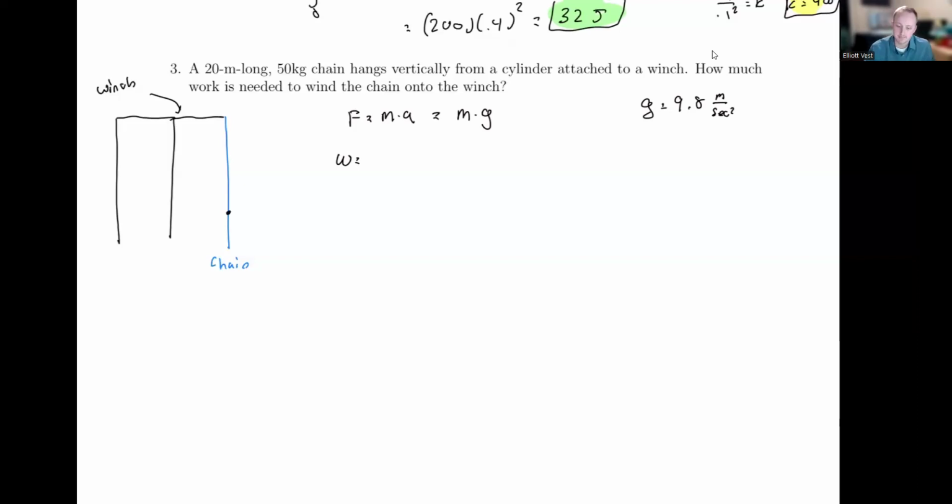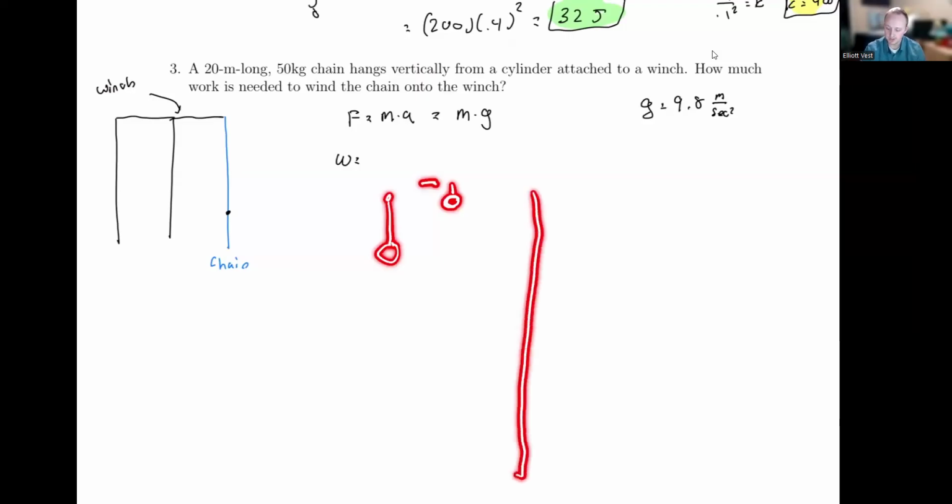And we can think about it. Imagine if instead of it being a chain, it was a string with a ball, and the ball is where all the weight is. If I have a really small string like this, to pull it to the top of the building, I just lift it up a little bit and I'm good. But if I have a really long string and my mass is all at the bottom of the string, to pull that all the way up takes a lot more work than lifting it from this little itty bitty string, right?